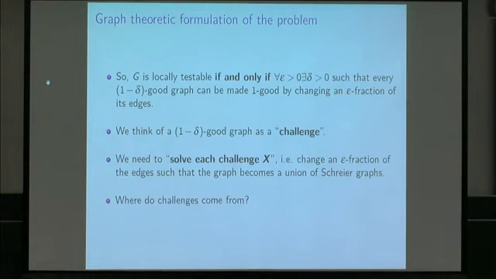So it's the same thing as we had in permutations. For every epsilon there is delta. It starts the same. Now instead of saying almost solution, delta solution, I have a 1 minus delta good graph. And instead of saying that there is an epsilon-close solution, I say that there is an epsilon-close good graph. Okay, so this is my goal.